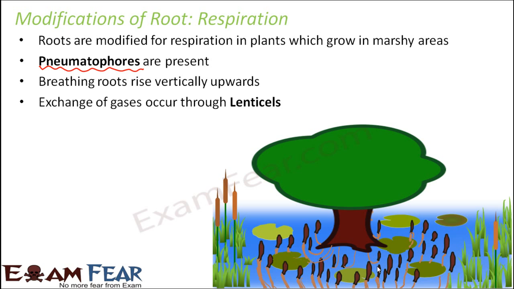These are the pneumatophores, right? If you see, the pneumatophores are growing in the upward direction. So these are the breathing roots, and these breathing roots grow vertically upwards. Now how will this exchange of gases take place?